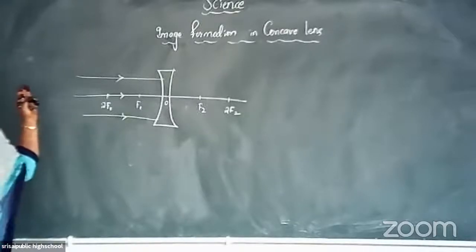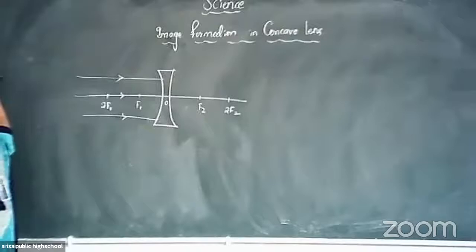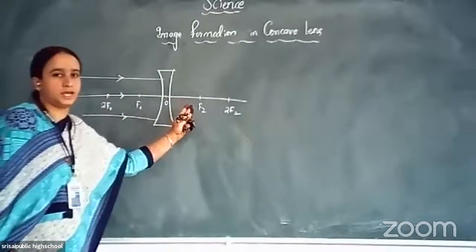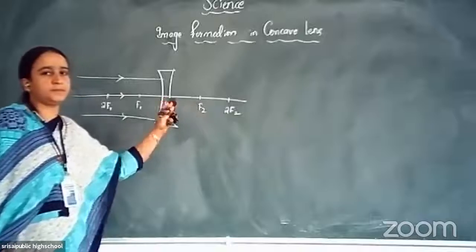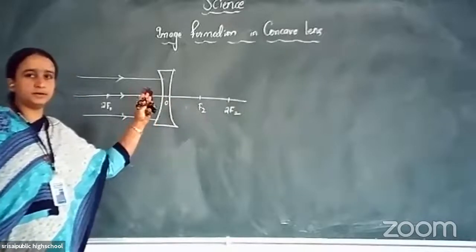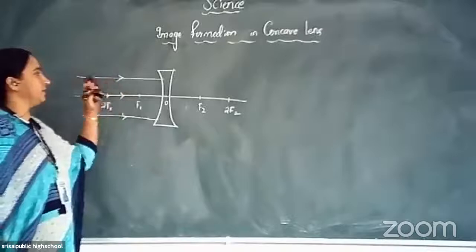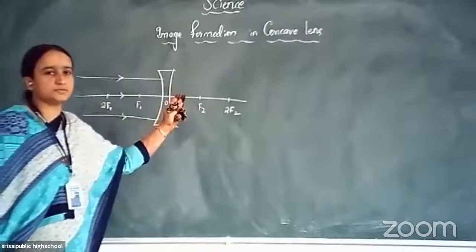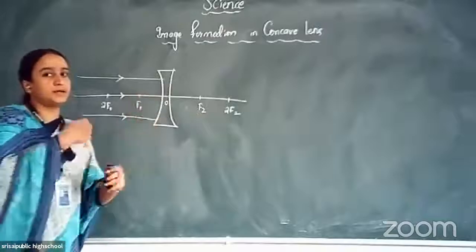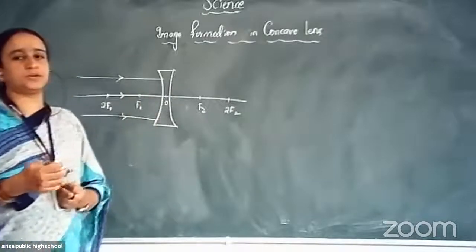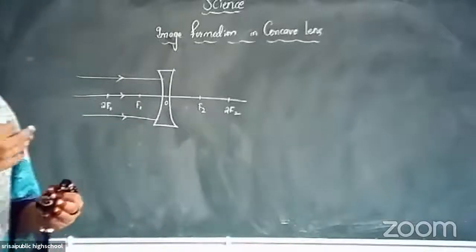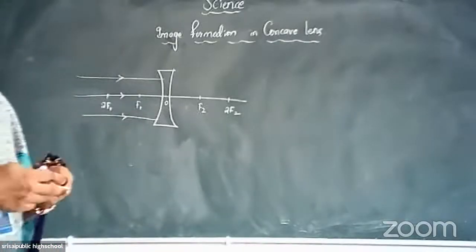Now, since your object is at infinity, a parallel beam of rays is incident on your concave lens. Which kind of lens are you using here? Concave lens. Since we are using a concave lens and a parallel beam is incident, there is another name for this lens based on the behavior of the rays.